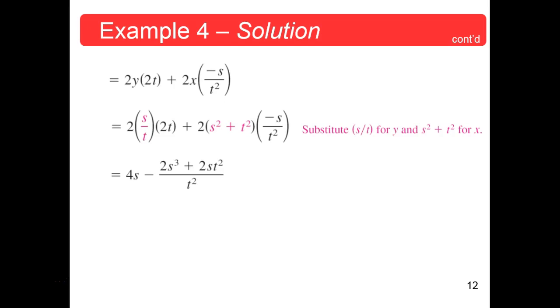Yeah, that's how we did it. Then when you put it over t squared, the 4s over t squared too, you get 4s t squared added to the 2s t squared, subtract 2s t squared, it would be 2s t squared plus 2s cubed over t. And that's what we wound up with.